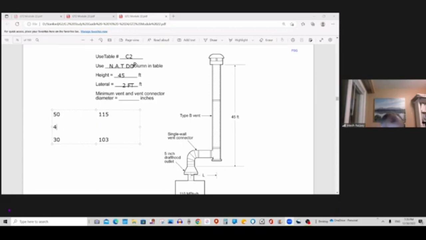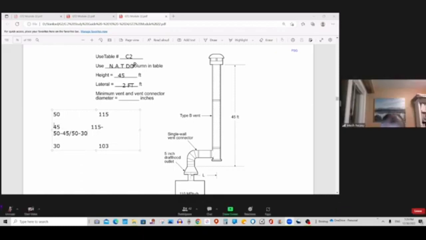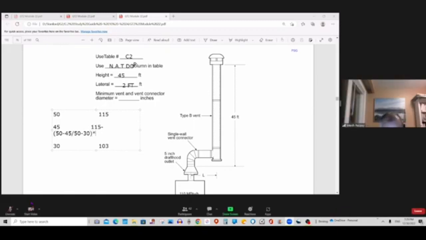For 45, we taught you before: 115 minus, 50 minus 45, divided by 50 minus 30, times 115 minus 103.